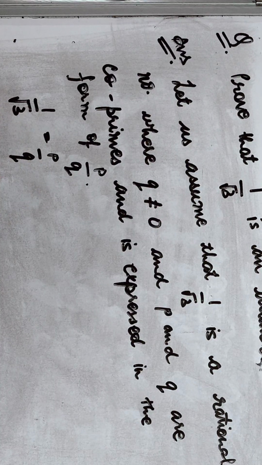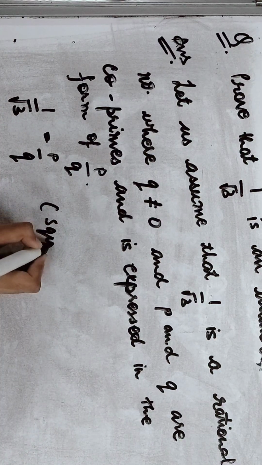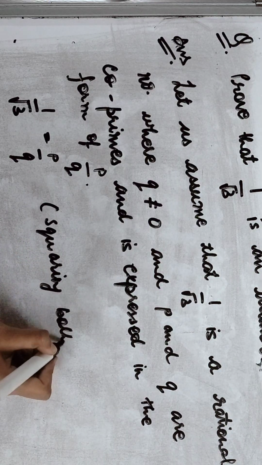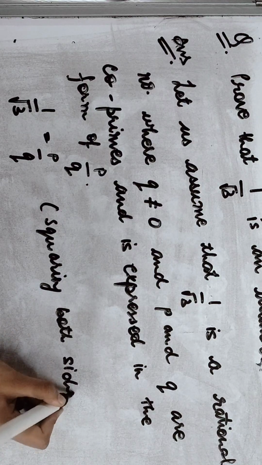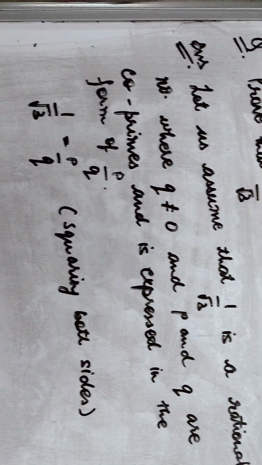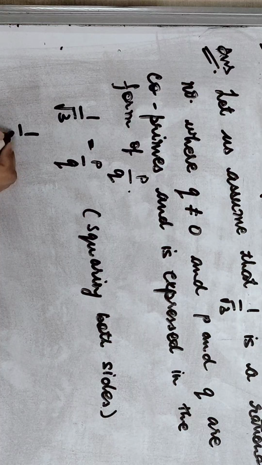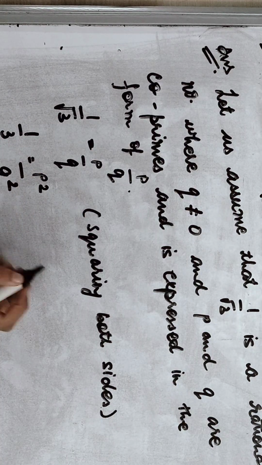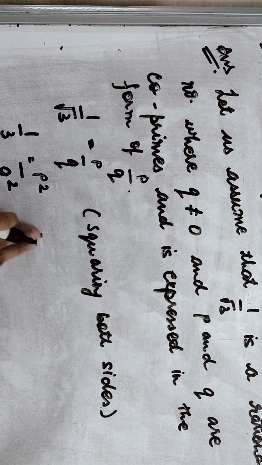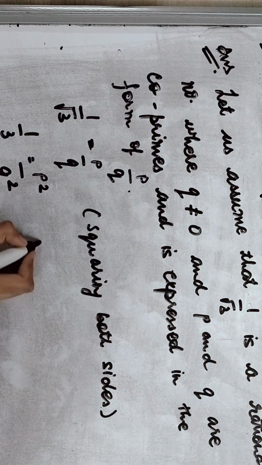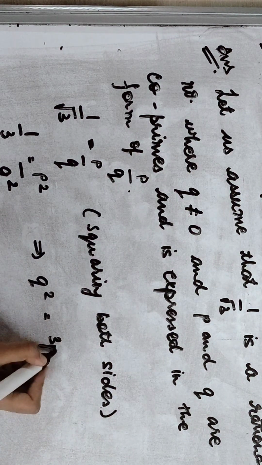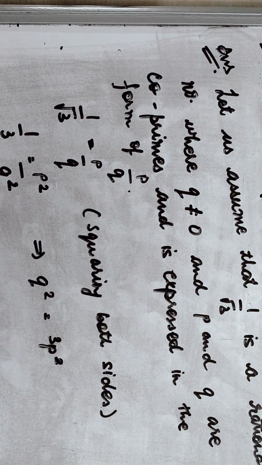Squaring both the sides, 1 by 3 is equal to p square by q square. Cross multiply: q square into 3 is equal to p square. Therefore q square is a multiple of 3.